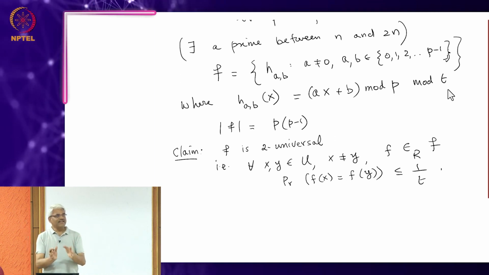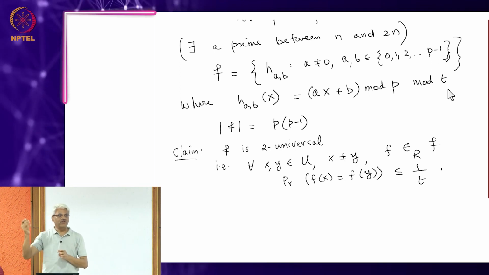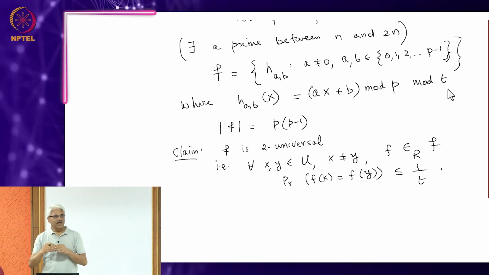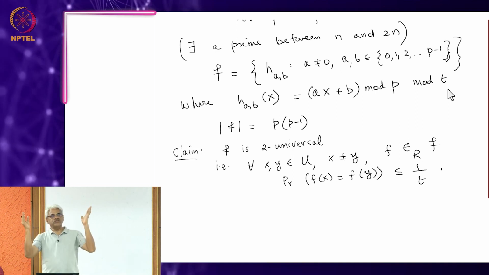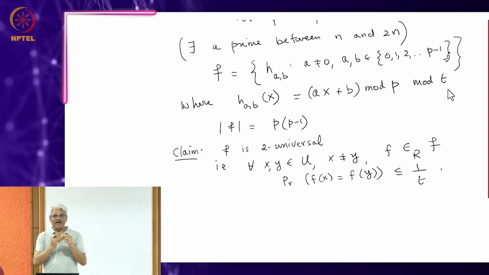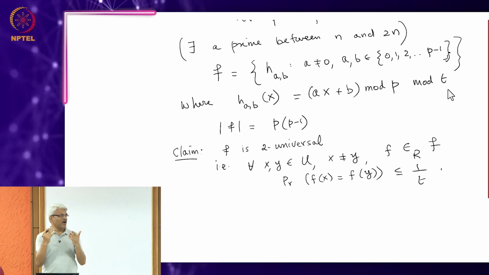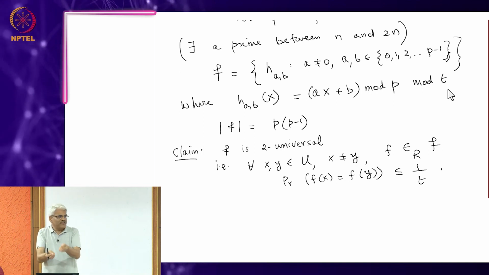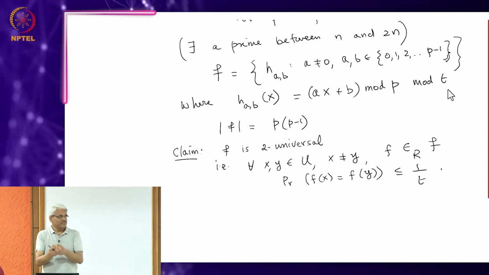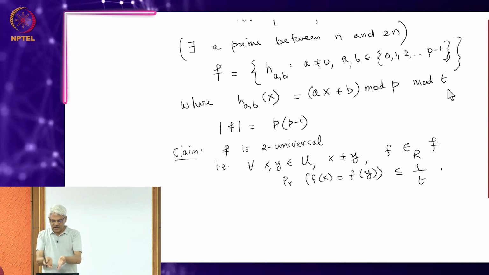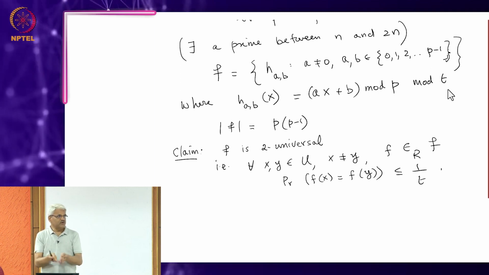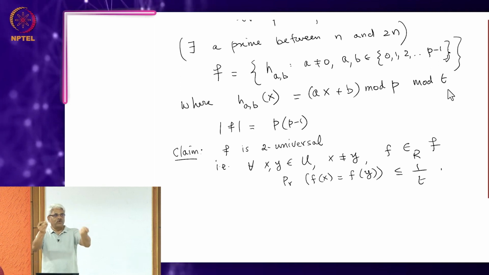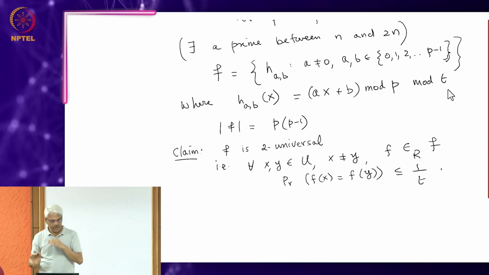Again, we are going to see later on in other lectures where we will say pick a random hash function. That looks like a very strange statement. How do I pick a random hash function? Now it is clean. I just have to pick these 2 integers at random, right? A from 1 to p minus 1, b from 0 to p minus 1. Pick them at random and you get a random hash function f. Okay.